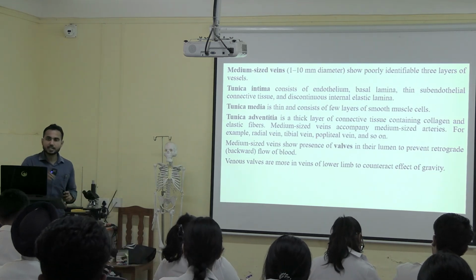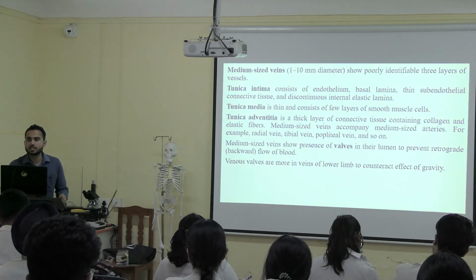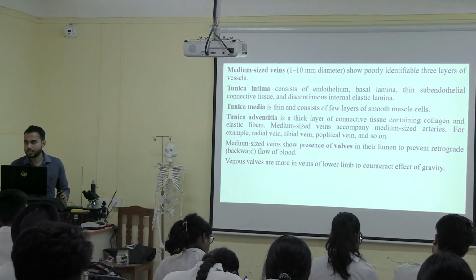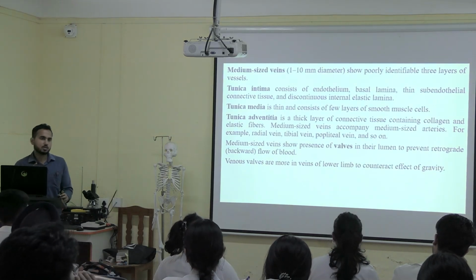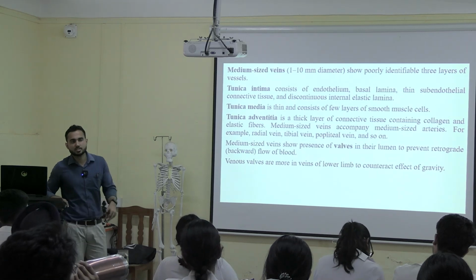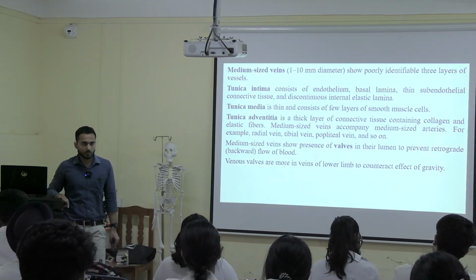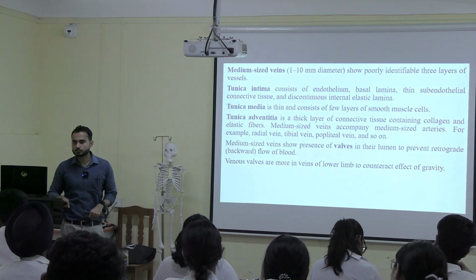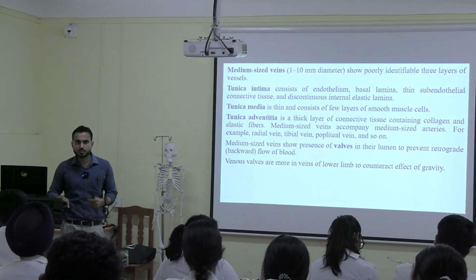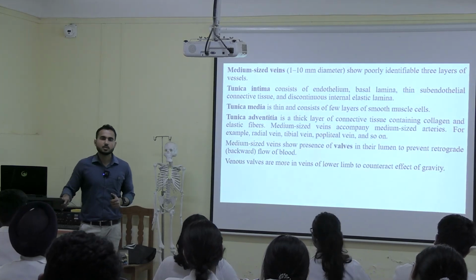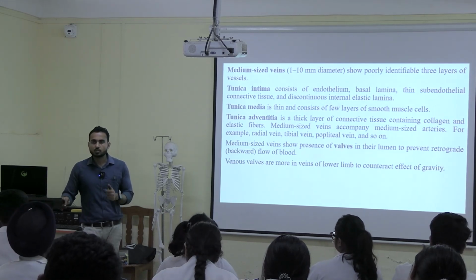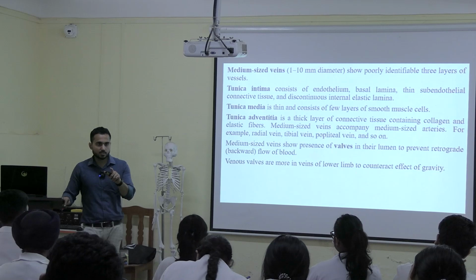Okay, next, another important point related to the medium sized vein is the presence of valves inside the vein. Now I hope you have studied about the venous drainage of lower limb. So how many sets of veins are there in lower limb? Yes, 3 sets are there. Name them. Deep vein, superficial and perforating. Okay, so you have studied that valves are present.